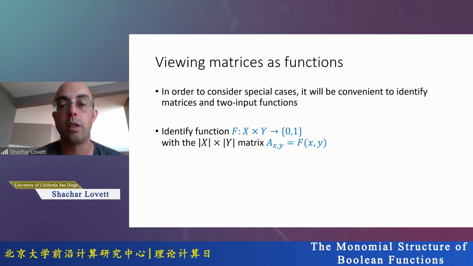We have two players, X and Y. X gets an input and Y gets an input, and they want to figure out what the output is, which is 0 or 1. You can view it as a matrix, where X is the rows and Y are the columns, or as a function from X times Y to 0, 1. These are two equivalent viewpoints. For the next couple of minutes, it will be convenient to view this as the function case, because it's a natural way of coming up with a family of interesting examples.